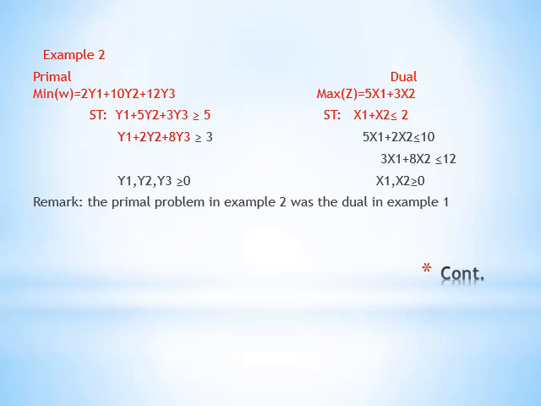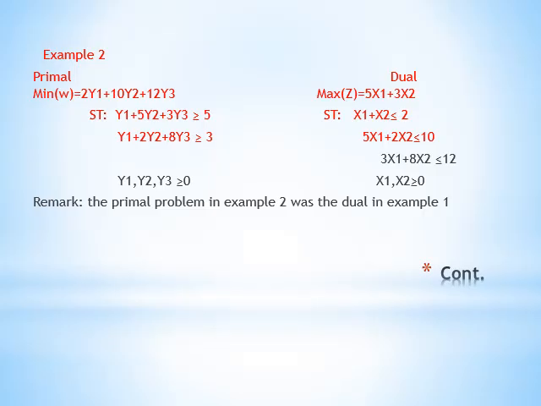Let's step forward to design the constraints of the dual. The number of constraints of the dual equals the number of variables in the primal.